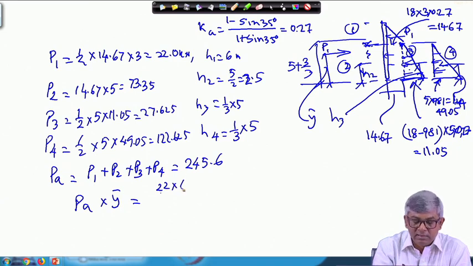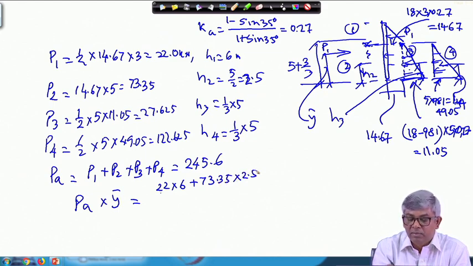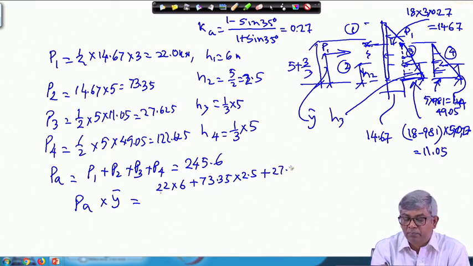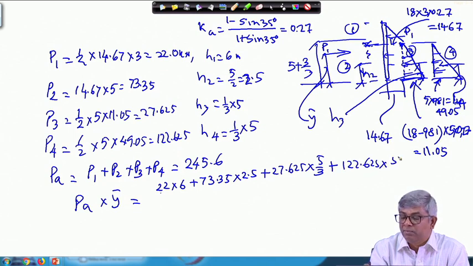multiplied by 6, plus P2, actually 73.35, multiplied by 2.5, plus P3, actually 27.625, multiplied by 5 by 3, plus P4, actually 122.625, multiplied by 5 by 3.